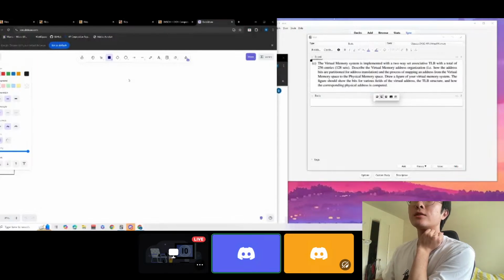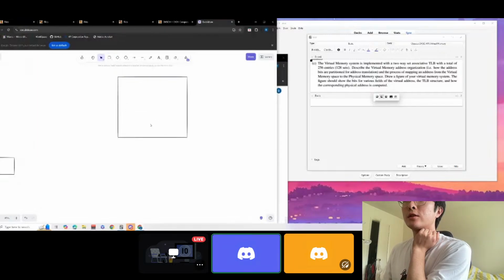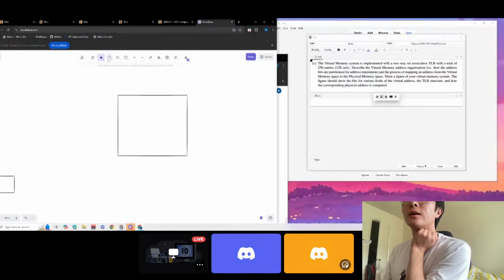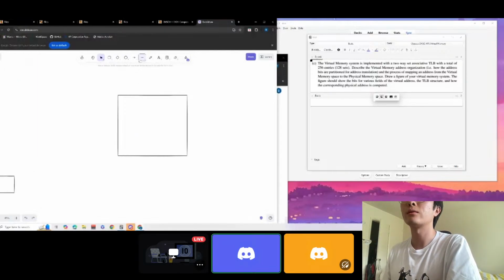Okay, so let's first describe, this could be our page lookup table. And I want to say the page lookup table really has three things we need.